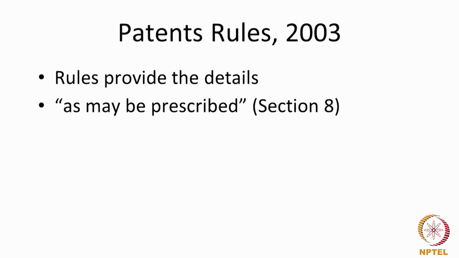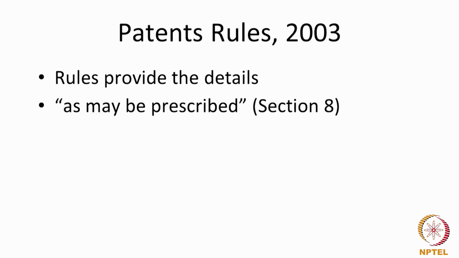All these variations are used so that if you need to change the law, there is no need for you to go back to the parliament and get a bill moved in both the houses of the parliament, followed by getting the presidential assent. So, the rules are designed to fill in these gaps which may be required as times change.